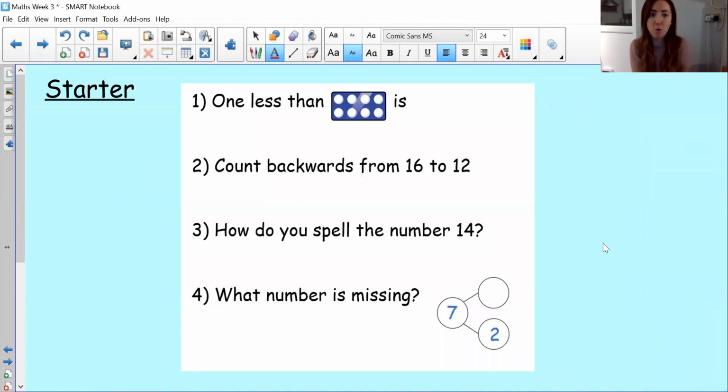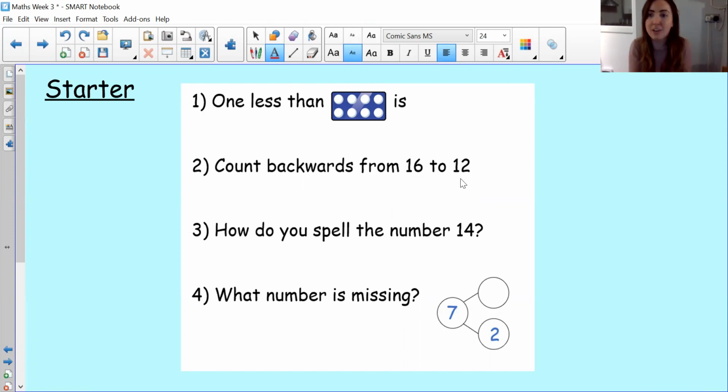So our fast four then. Make sure you've got a piece of paper and a pencil ready. Remember, if you need to, you can pause between each question. And let's start. So question 1, 1 less than this number is what? Question 2, count backwards from this number to this number.